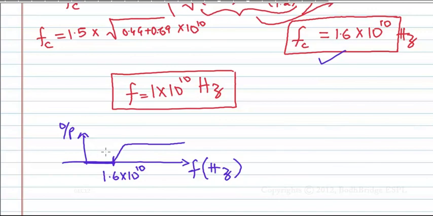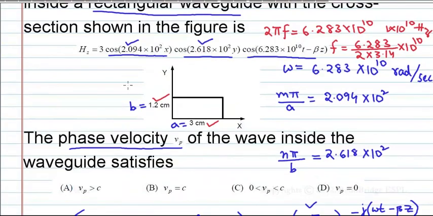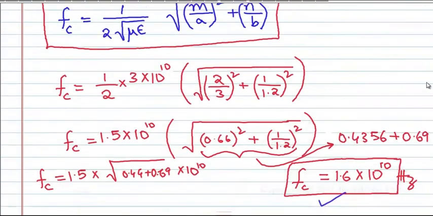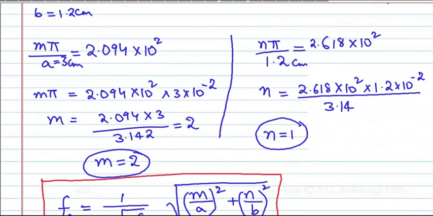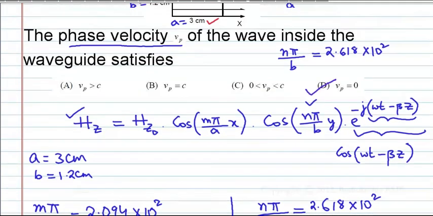Therefore, as the operating frequency, 1 × 10¹⁰, is below the cutoff frequency, this wave cannot propagate and dies very soon. Therefore, the phase velocity will be 0. Therefore, D is the correct option here.